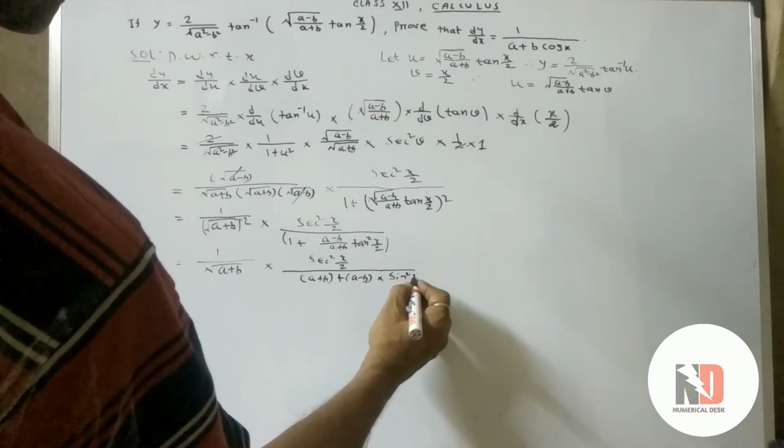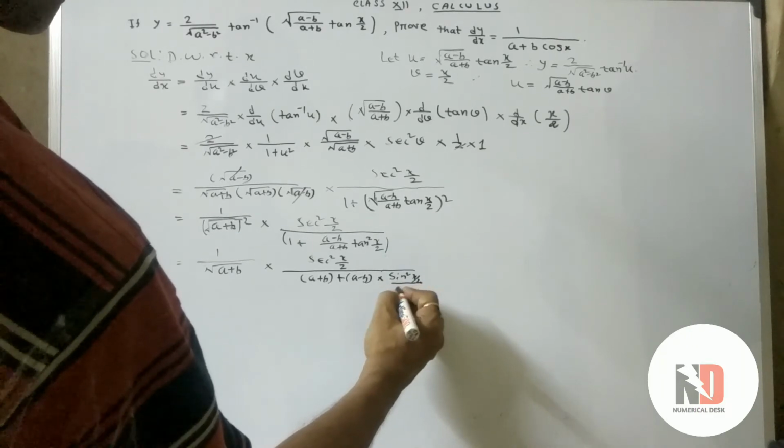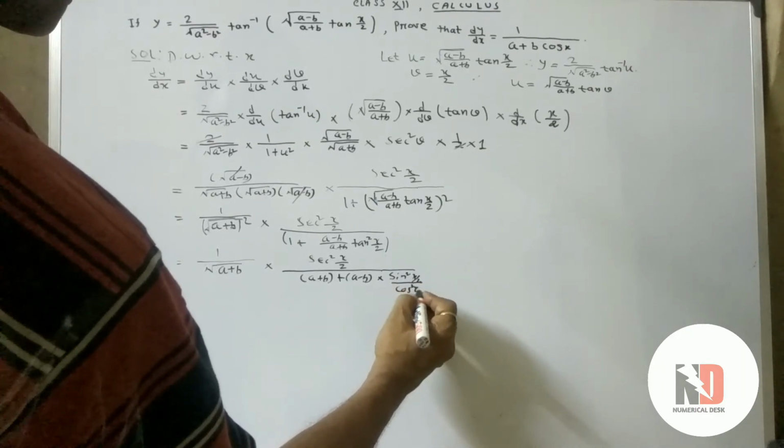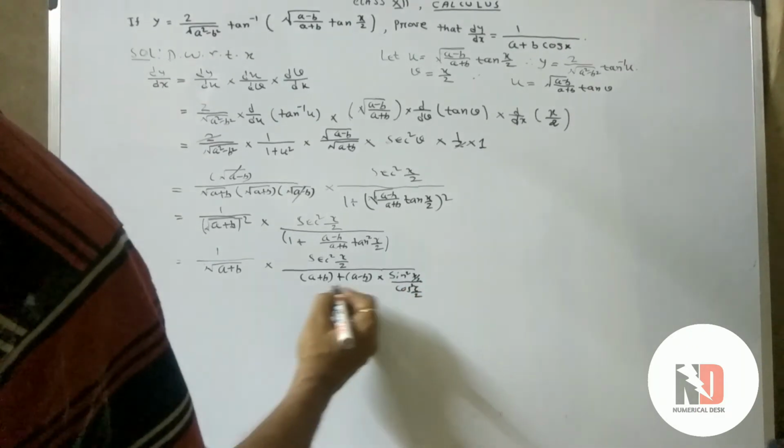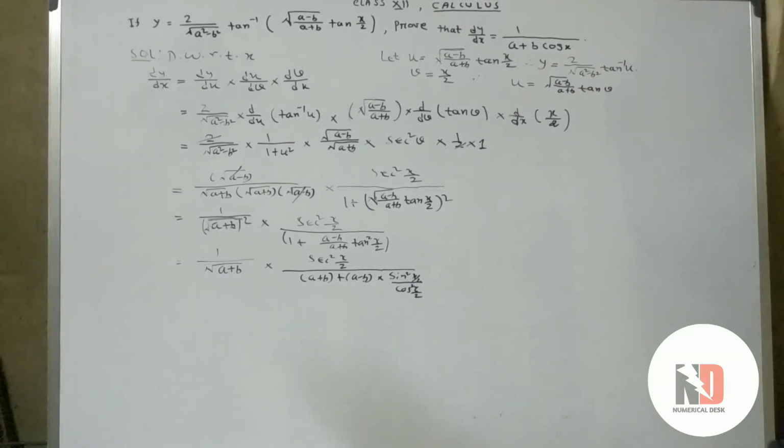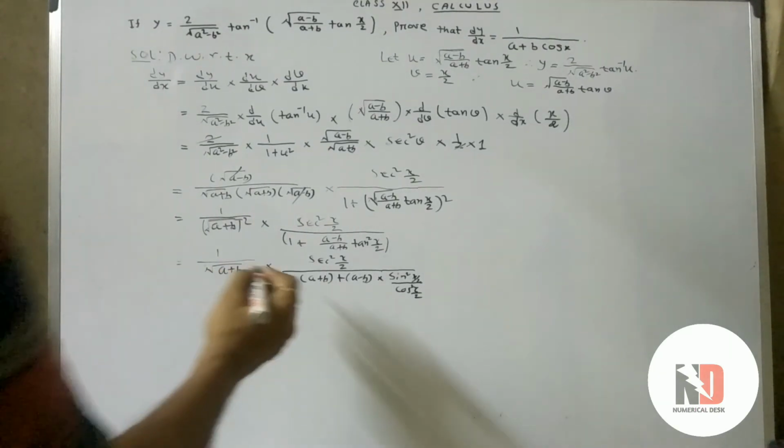Tan square can be expressed in terms of sin square x by 2 by cos square x by 2. And the LCM a plus b will go to the numerator.